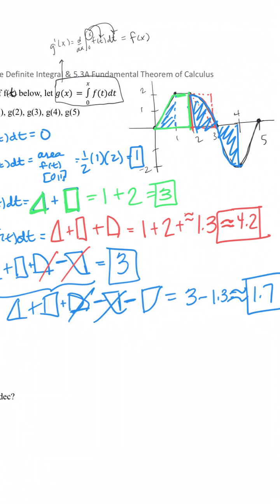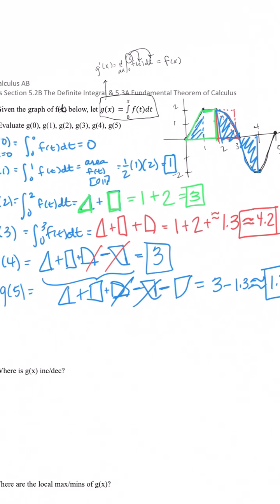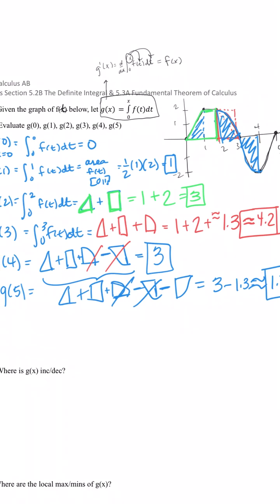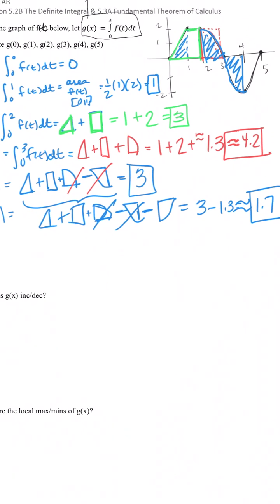Okay, so we're going to start making these connections between these graphs and what we've talked about in the past as well. We might be asked to talk about where g of x is increasing and decreasing. We want to remember our rules from last semester. In general, any kind of function increases when its derivative is positive.